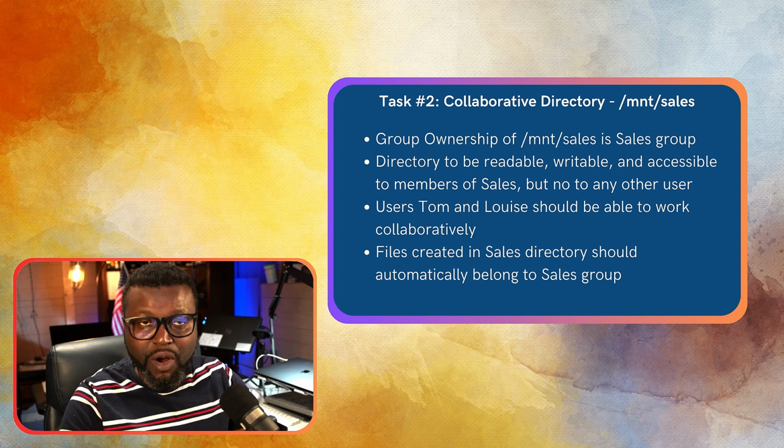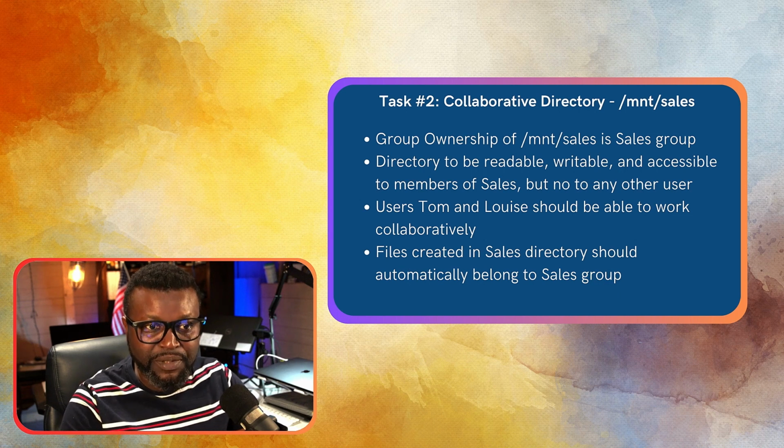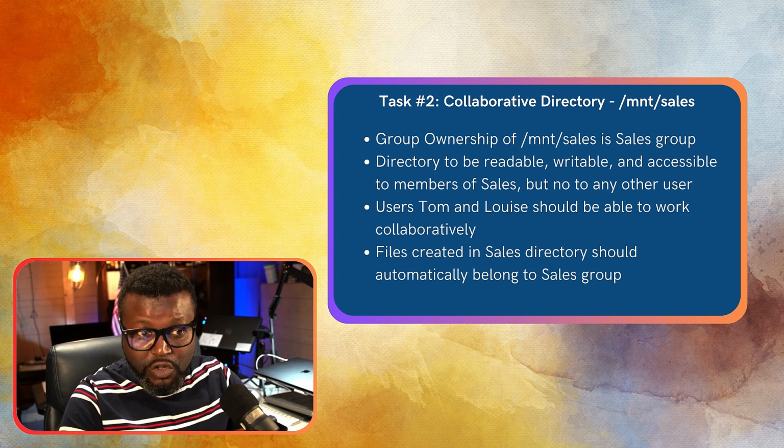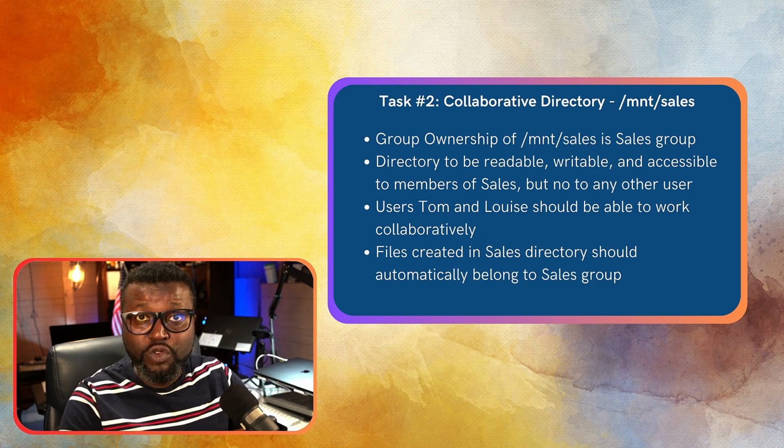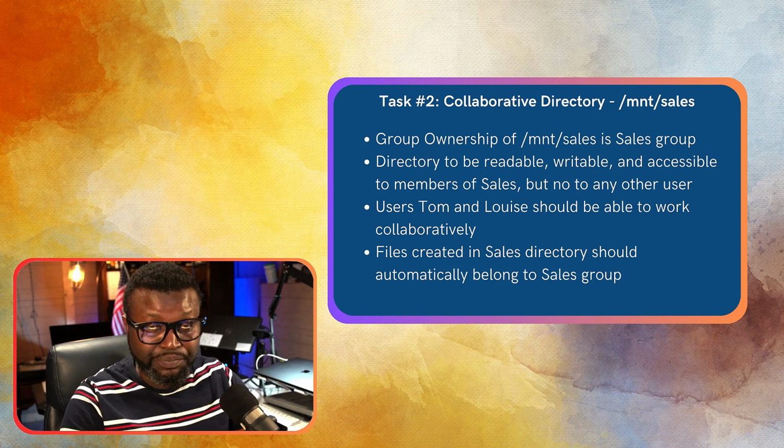And these are the requirements. The group ownership should be the sales group that we have already created, and the directory should be readable, writable, and accessible to all the members of the sales group, but not to any other user.